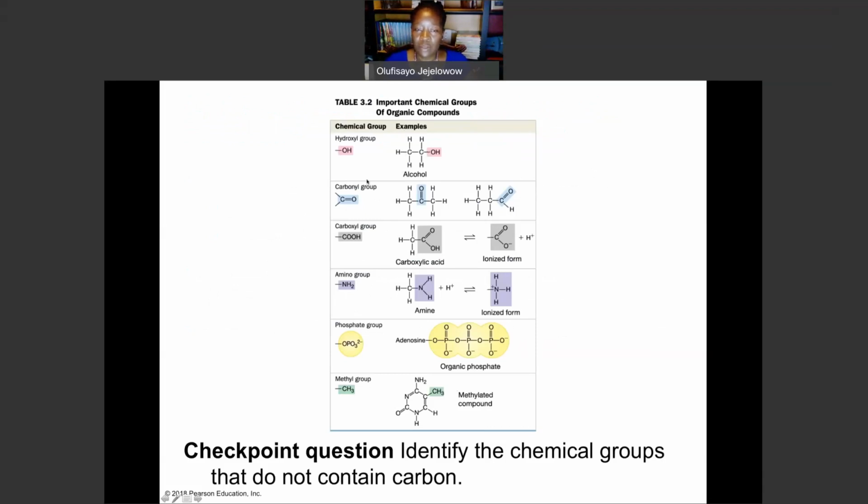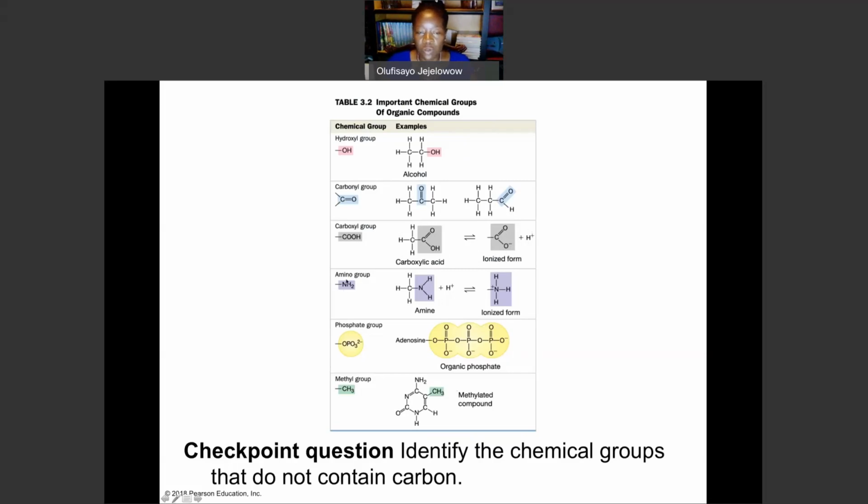There's a carbonyl group. When it binds to the hydrocarbon, it becomes a ketone or aldehyde. There's a carboxylic group. When it binds to the hydrocarbon chain, it forms an organic acid, a carboxylic acid. And like all other acids, it can dissociate in solution to give hydrogen ions.